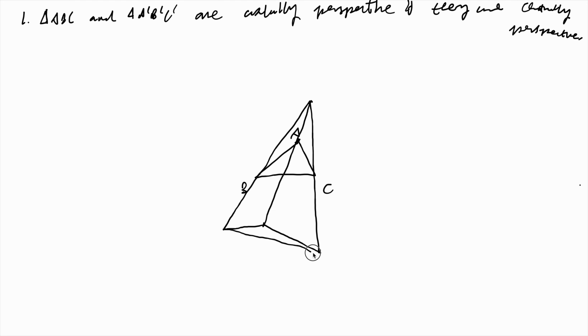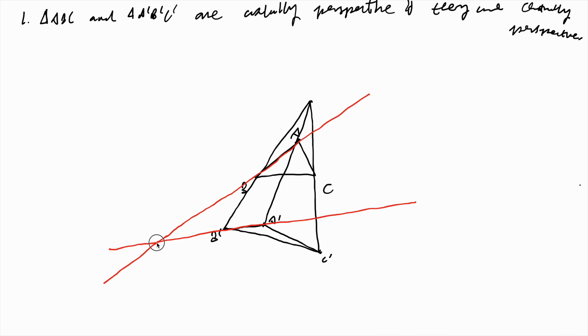So we have C prime, and let's connect them. So we have AB like this. Yes, and we have B prime, A prime. They meet at this point right here.